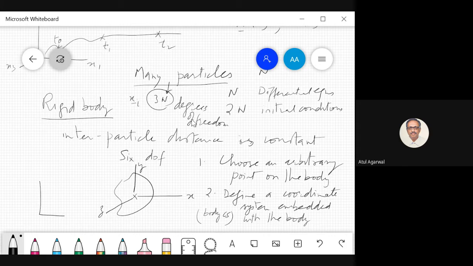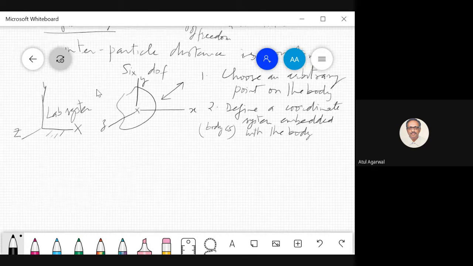Then you have another reference frame, which you call the lab system. Now the body is going around in space, turning around, rotating, translating. Then what happens? One thing you need is the position of this origin.